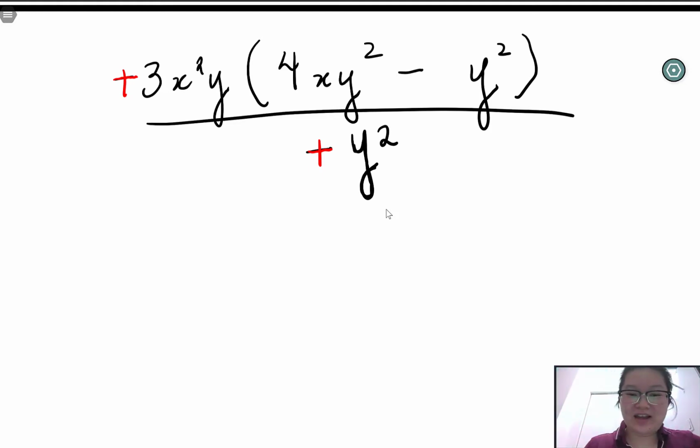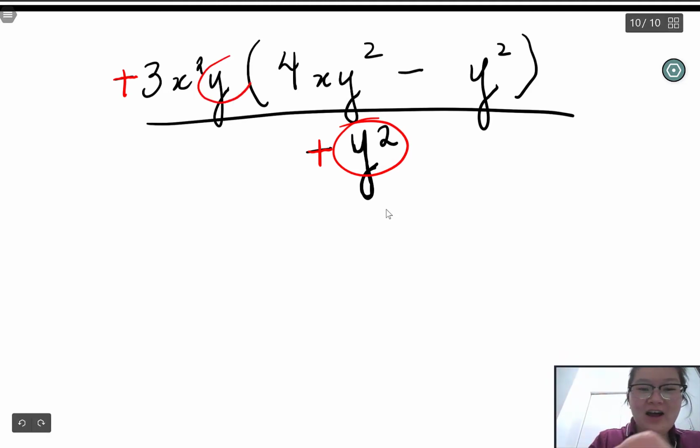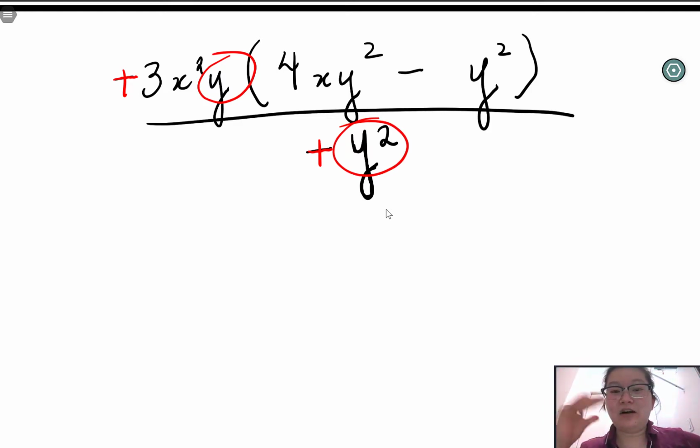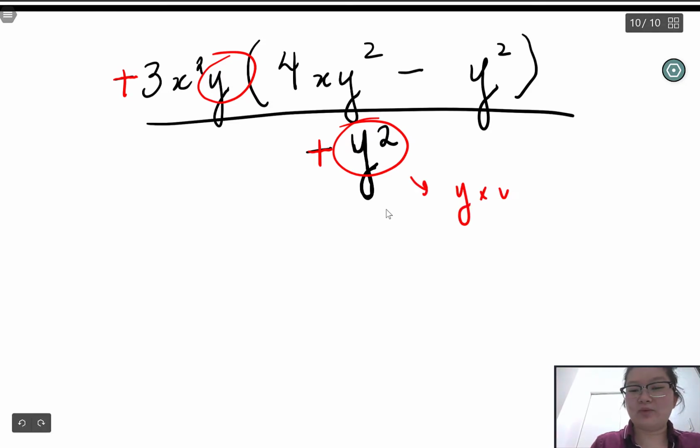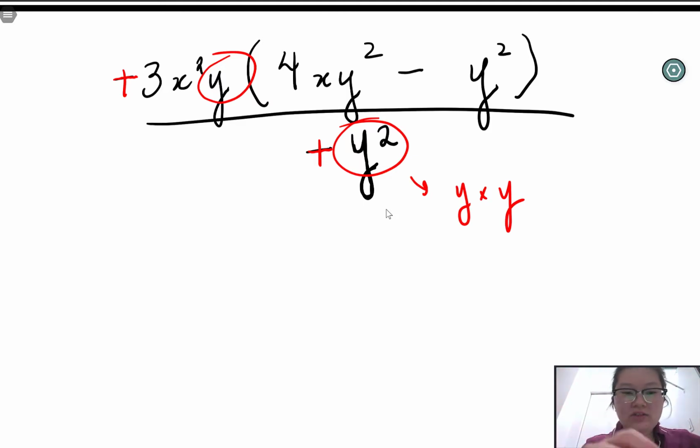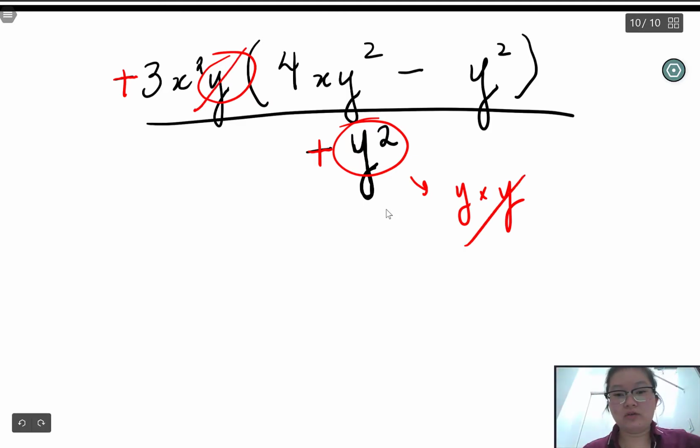Hey, and guess what? I have a y here on the bottom, which is y squared, and I have one other y at the top. Now, even though I can't completely cancel out all the y's, I can cancel out one of them. Because technically speaking, this one down here is just y times y. Right? I have one y at the top of my fraction. So why won't one of the y's just go away?